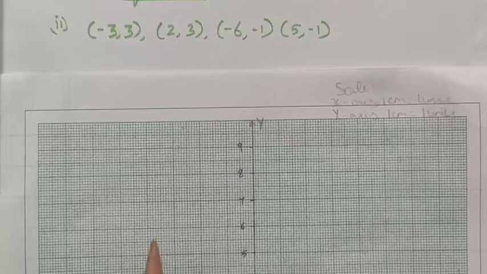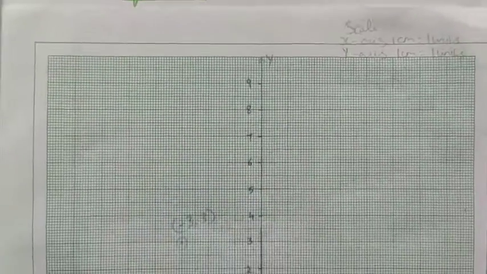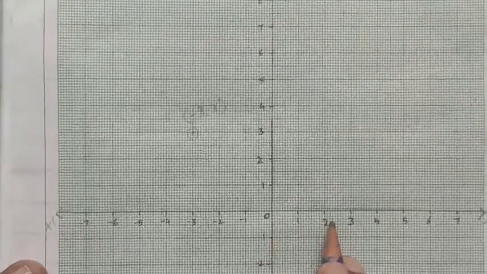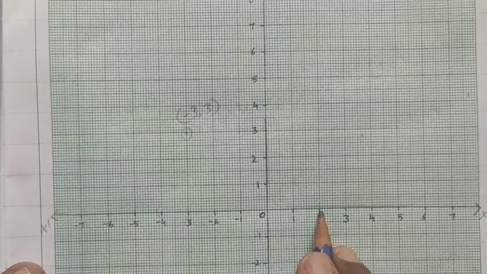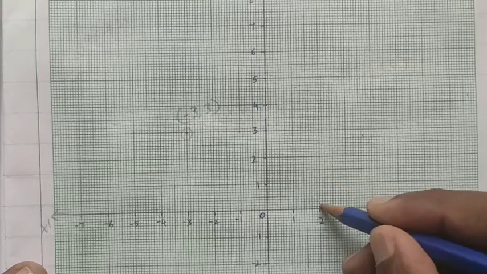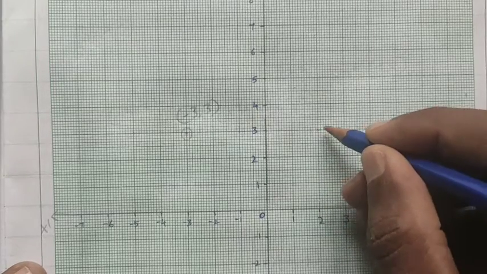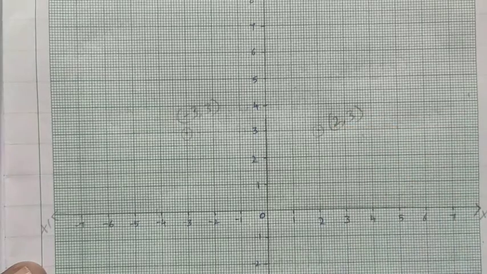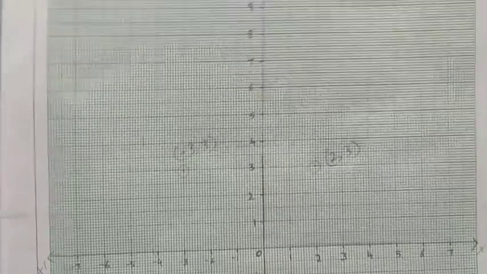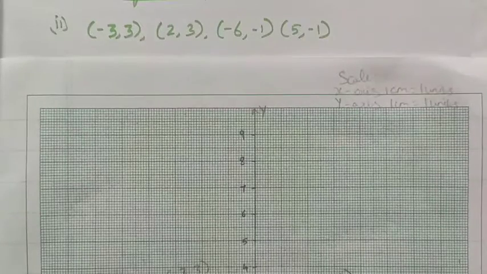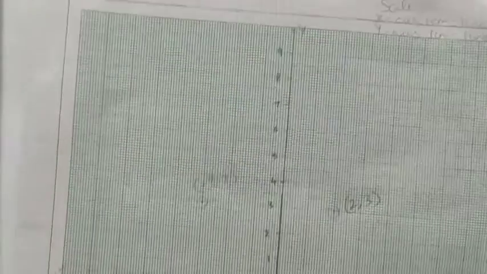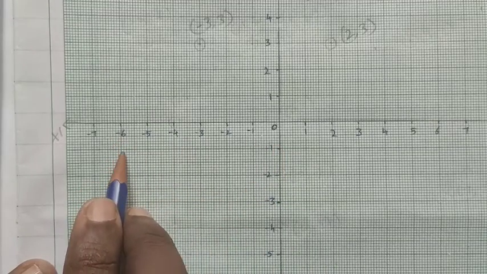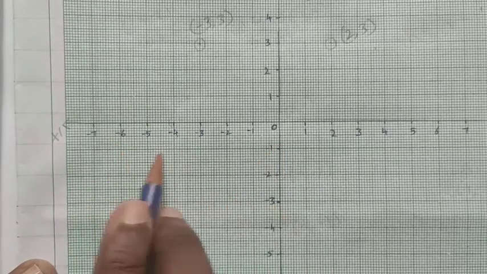And the second point is (2, 3). x is 2, the positive value, and y is 3. Now move upward, we get the point 2, 3. This is the position of the point (2, 3). And the third point, both having negative values, (-6, -1). So x is -6, y is -1.